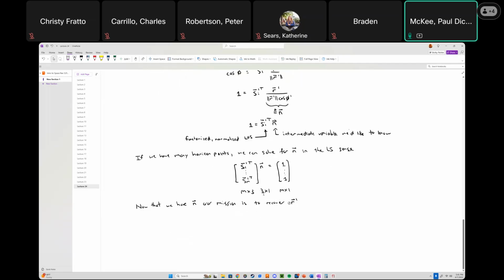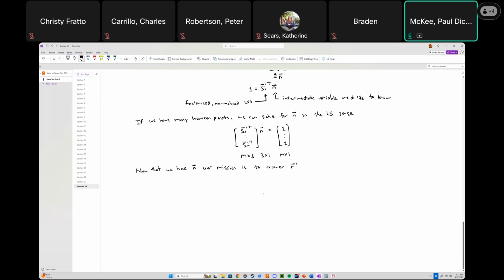So as a reminder, the sine of phi prime is 1 over the norm of r prime. Also, if you take n and you take the norm of n squared, that is equal to n transpose n. Wow, it's kind of an r looking n. I'm going to try that again.